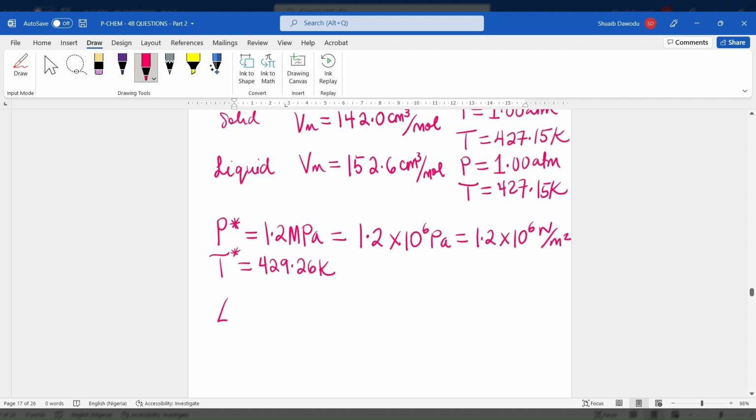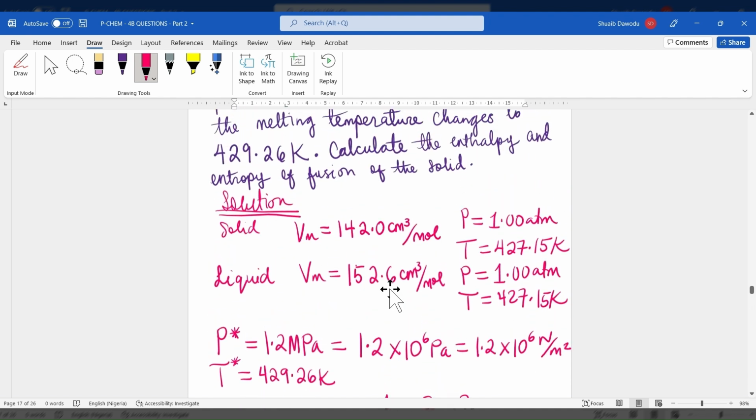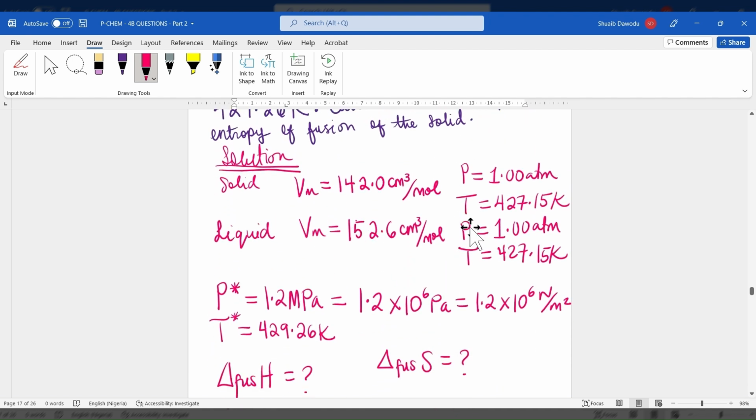So we are to calculate the enthalpy of fusion, what is it, as well as the entropy of fusion, what is it? In physical chemistry, anytime we're given questions, one thing we can do is look at all of our information and look at the type of formula that will befit the process.